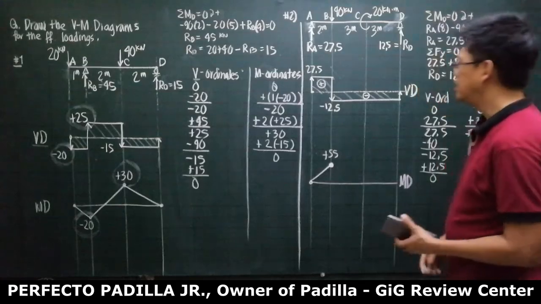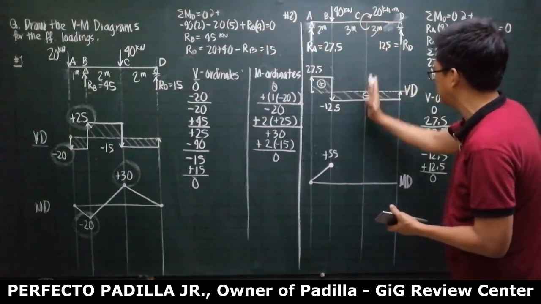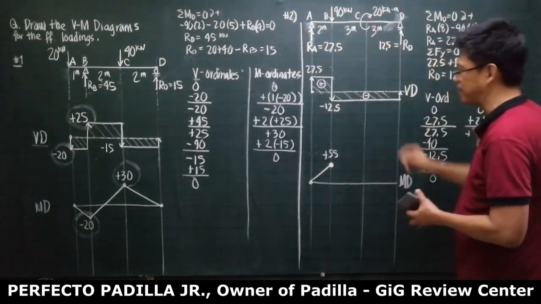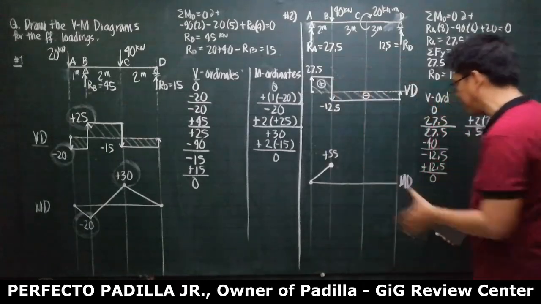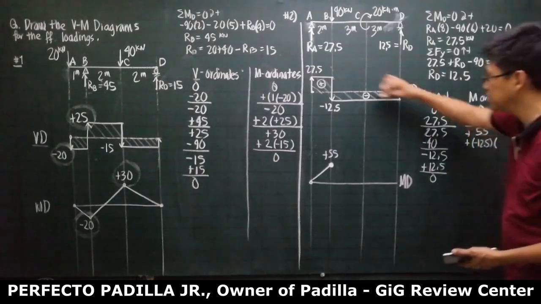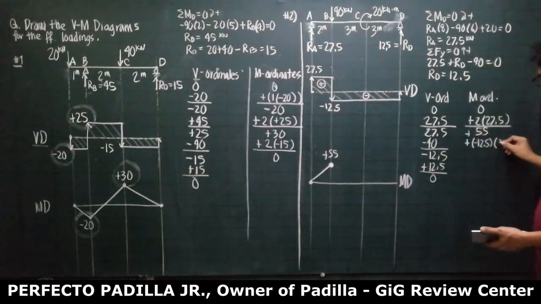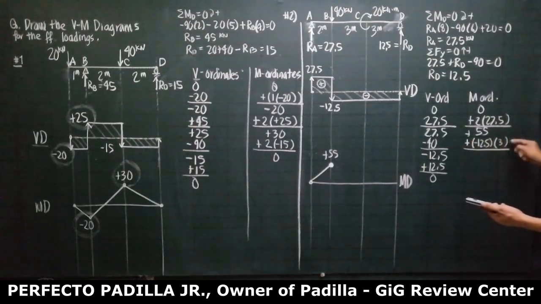Okay? So, 55 plus the area of this, I will stop here because there is an applied moment here. So, 55 plus the area of this is the moment here. So, plus negative 12.5 times 3 meters. Okay? So, this is 55 minus this.